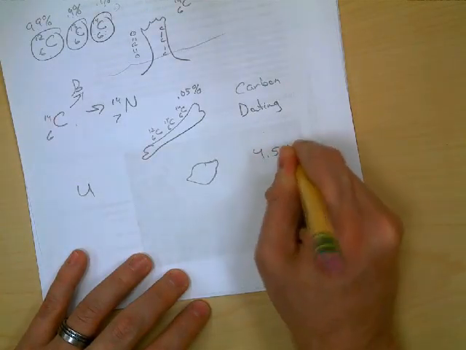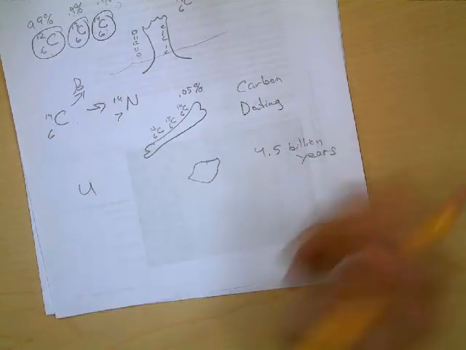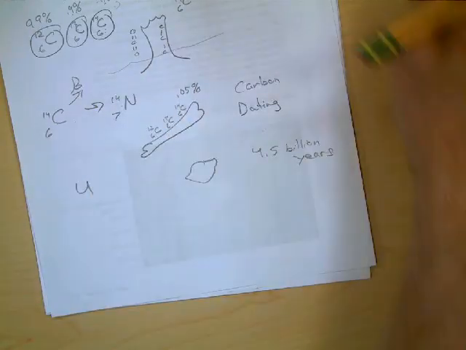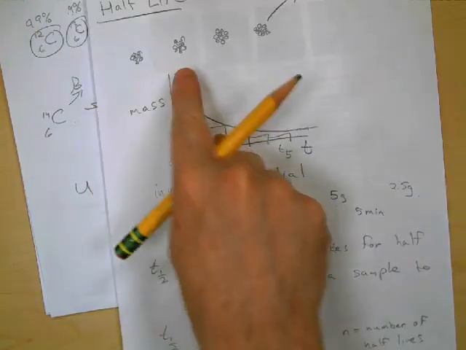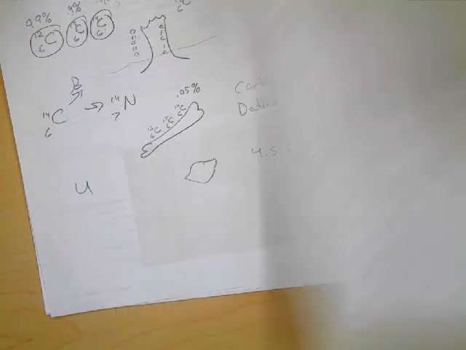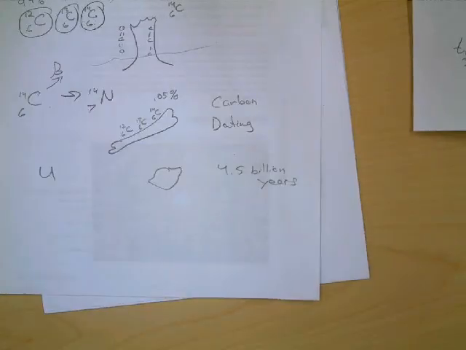Don't quote me on that. You can obviously Google it, but that's based on the idea that all radioactive isotopes break down on this sort of inverse exponential curve, which allows us to add up the remaining atoms and figure out how far back that thing had all of its original atoms. Okay? That's half-life and radiocarbon dating.